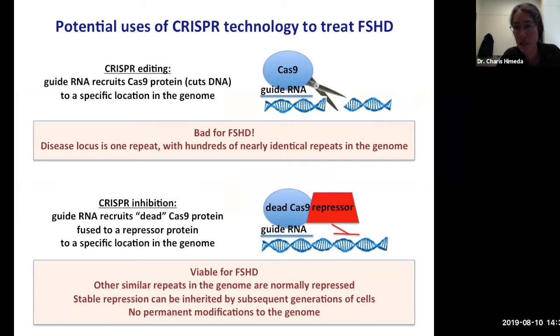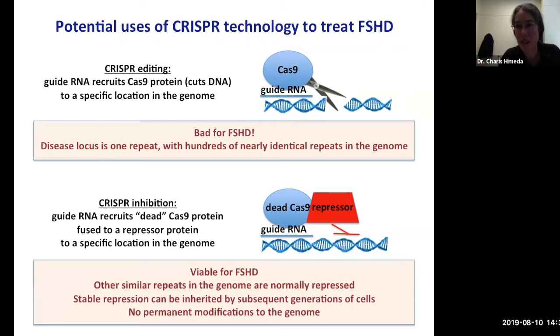But when you injure your muscle, generally through exercise or any other kind of muscle injury, the muscle stem cells are activated, and those are what give rise to new muscle. So if you were to repress the DUX4 locus in satellite cells, they should be able to divide to give cells that also have the repression.